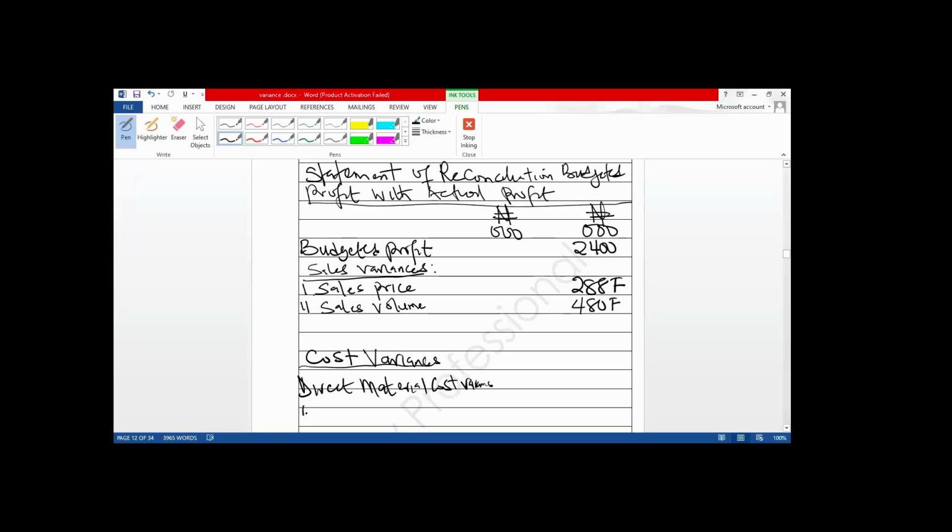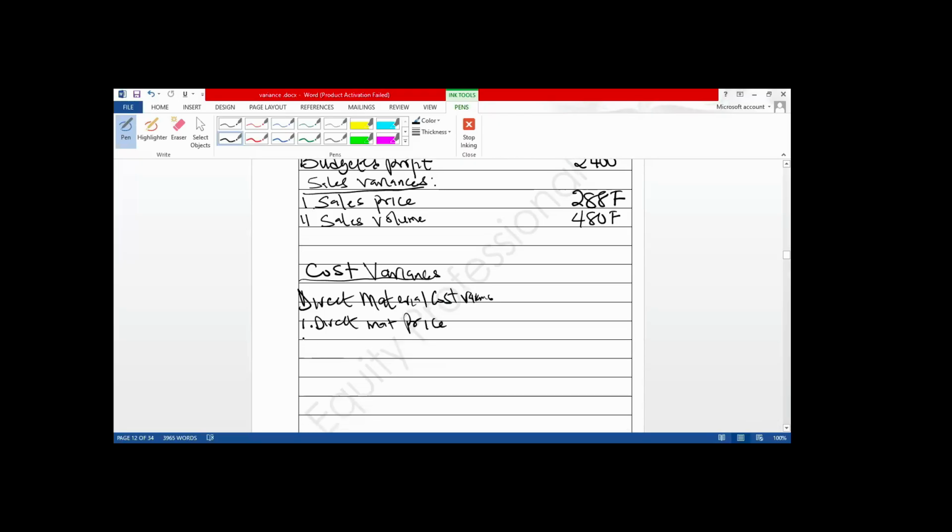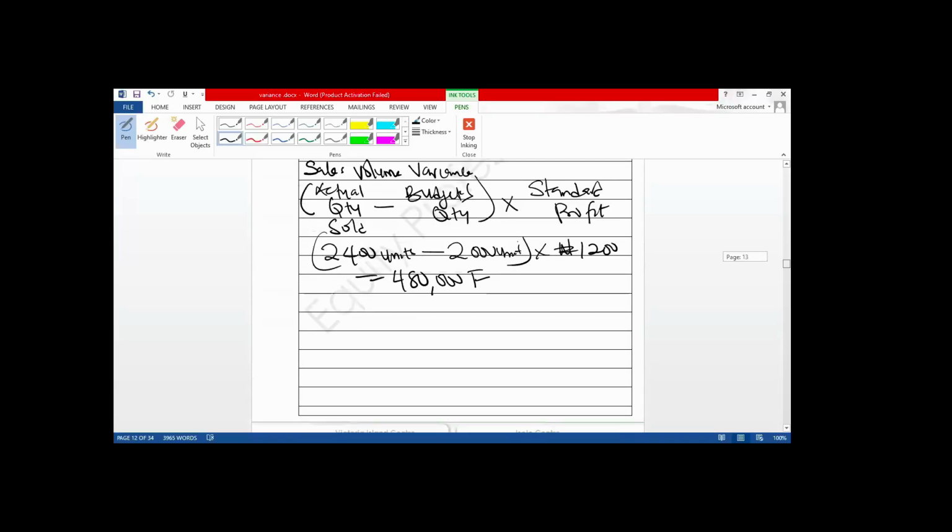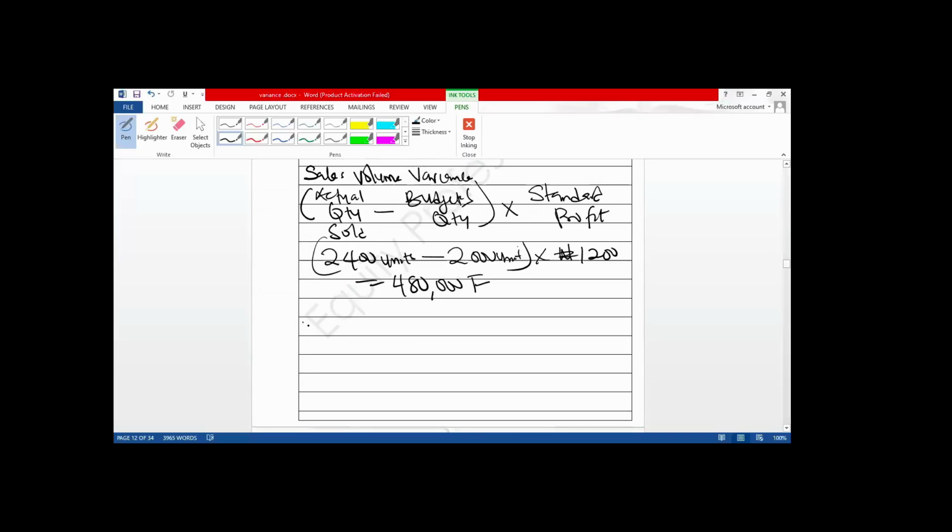Under it, you have one, direct material price, and two, direct material usage. Go back to your working sheet. Working two.